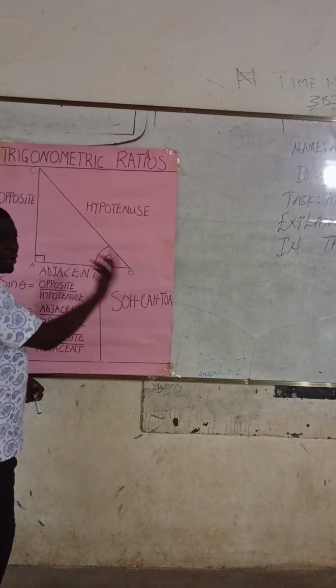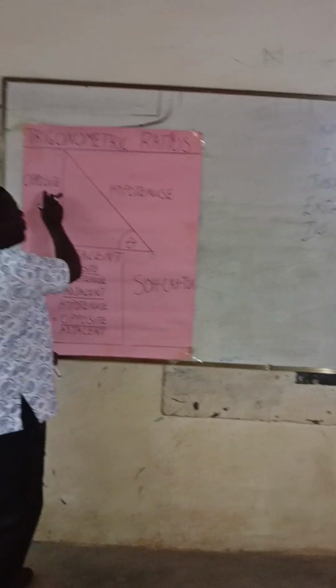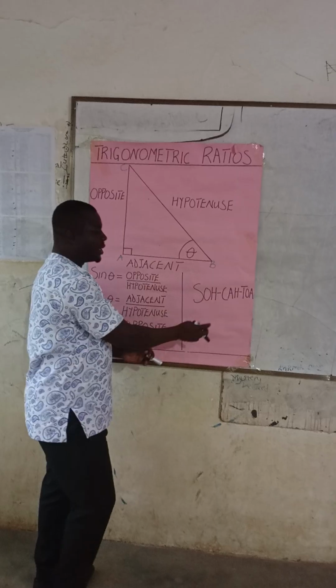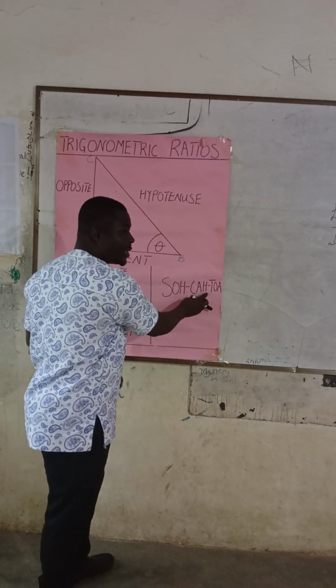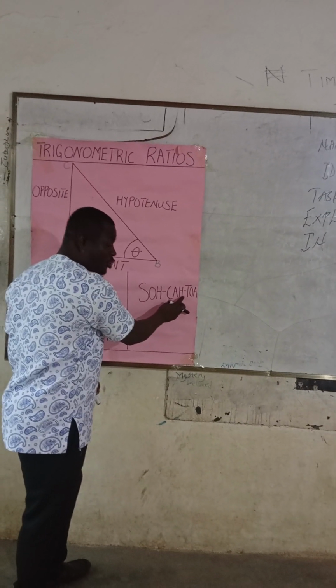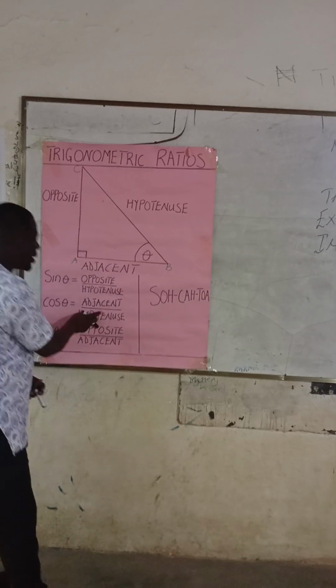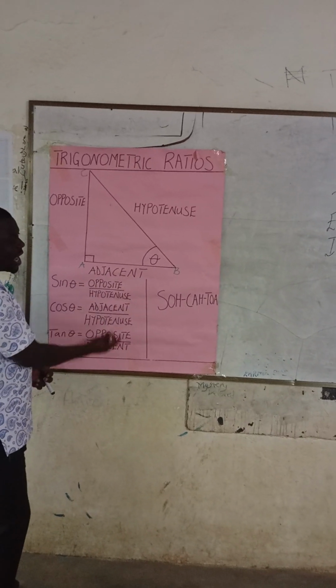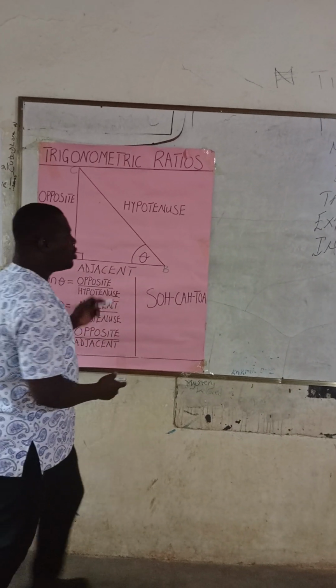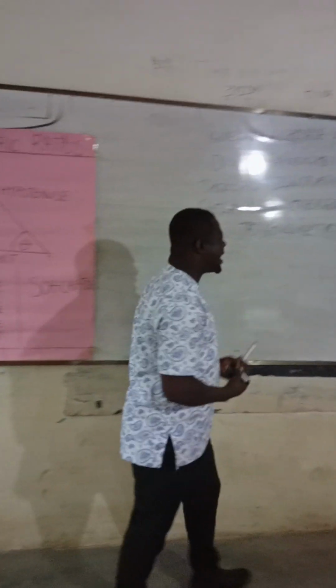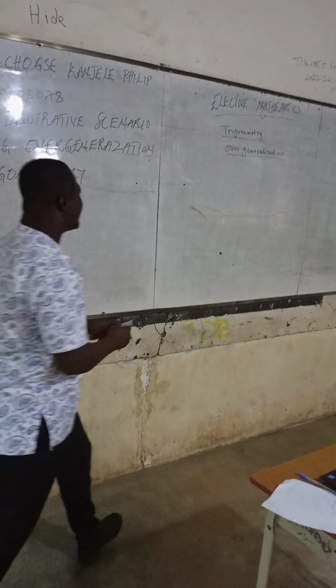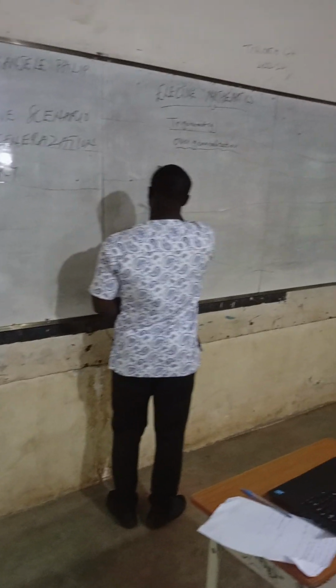If they give you sine of an angle, it means opposite over hypotenuse. Cos is adjacent over hypotenuse.